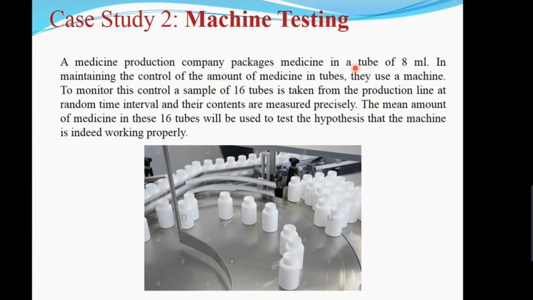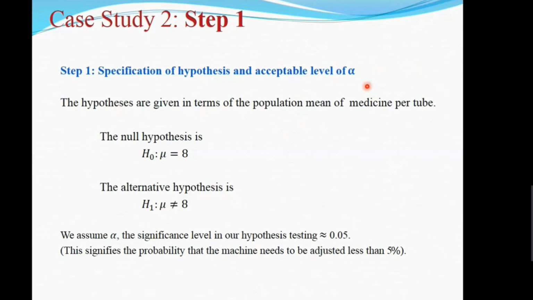And you see, medicine is packaged in a tube of 8 ml. 8 ml is the average. So we will see either greater than 8, less than 8, or 8. Since 8 is given, we can take the null hypothesis as mu equal to 8.